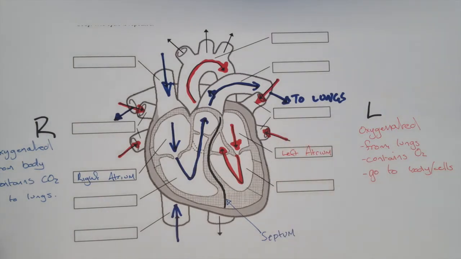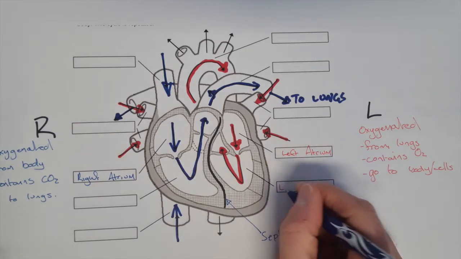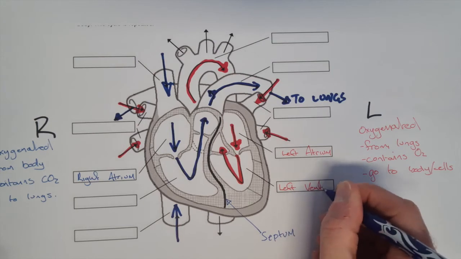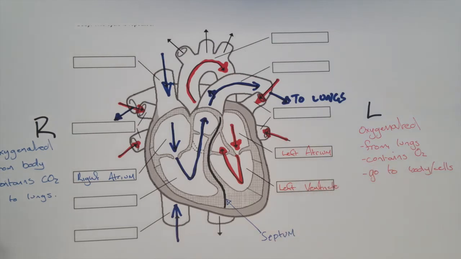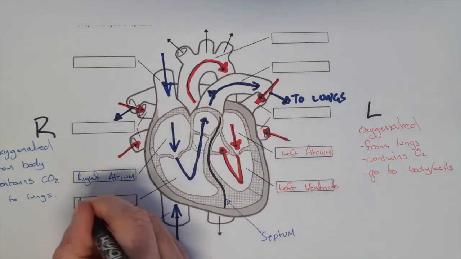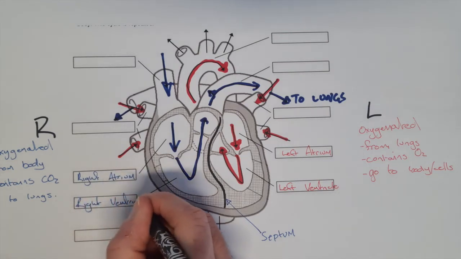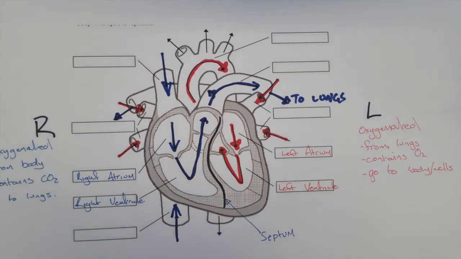We then have what are called ventricles, okay? So, our left ventricle is on the left side of our heart. Our right ventricle is on the right side of our heart.